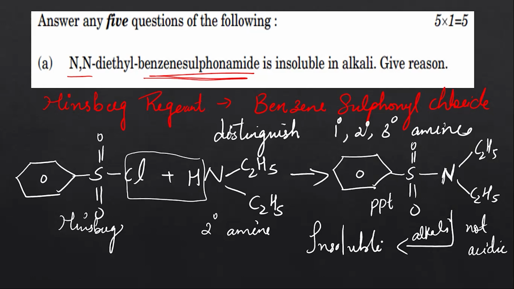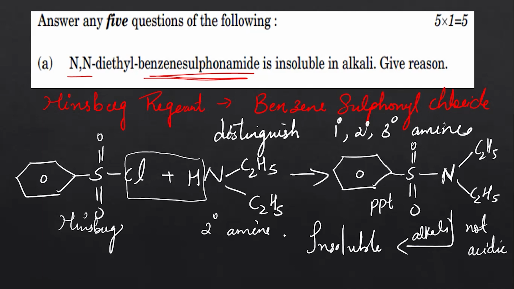So basically Hinsberg reagent is used to distinguish between primary, secondary and tertiary amines. If it was a primary amine, there will be NH here, right? So it will be soluble. In the case of primary amine, the precipitate will dissolve in the alkali.